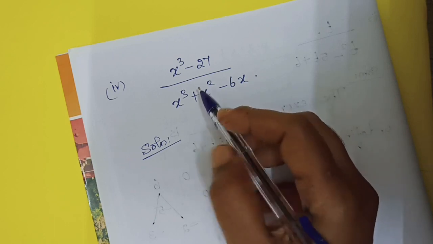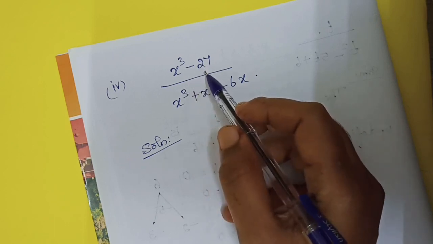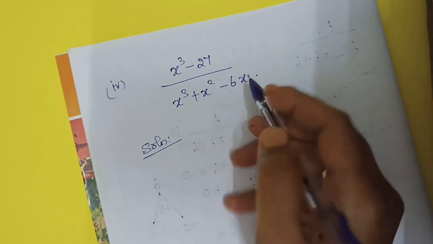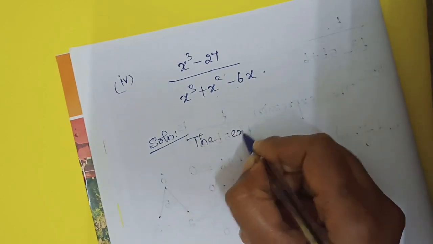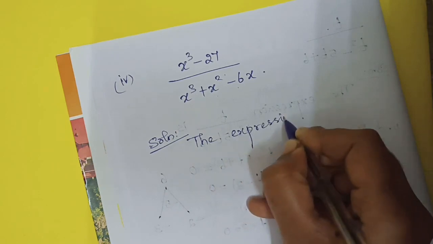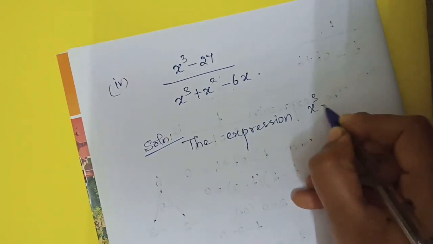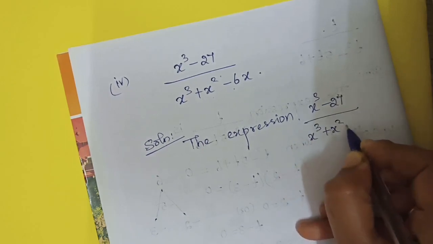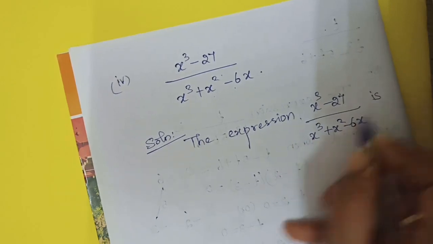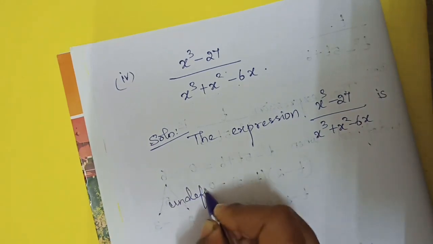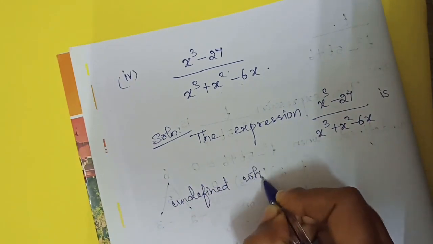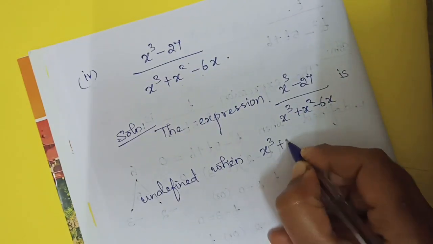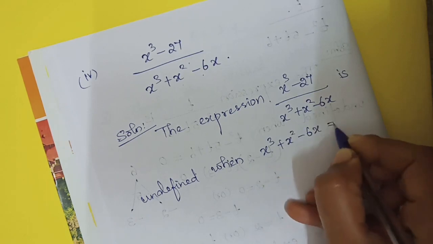That means the fourth problem: x cube minus 27 divided by x cube plus x square minus 6x. Okay, the expression x cube minus 27 divided by x cube plus x square minus 6x is undefined. When? Say the answer. When the denominator is 0. So the denominator is equal to 0.